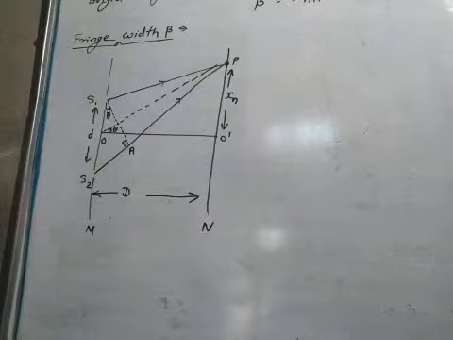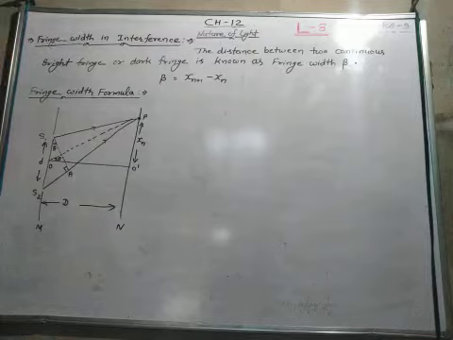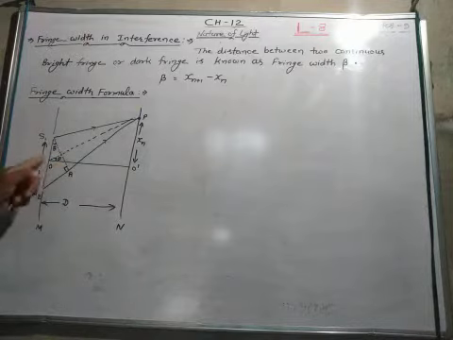Now we study the fringe width formula and derive it. We take triangle POO dash.